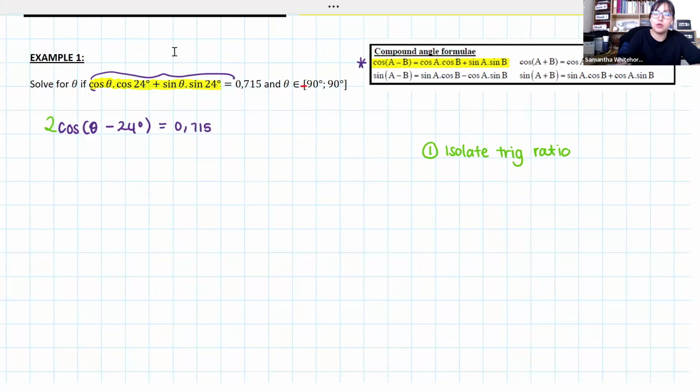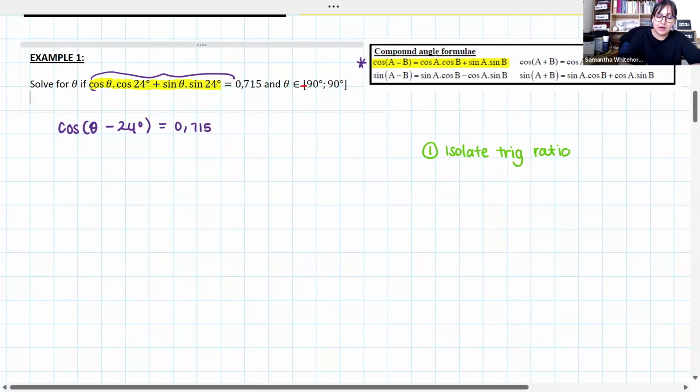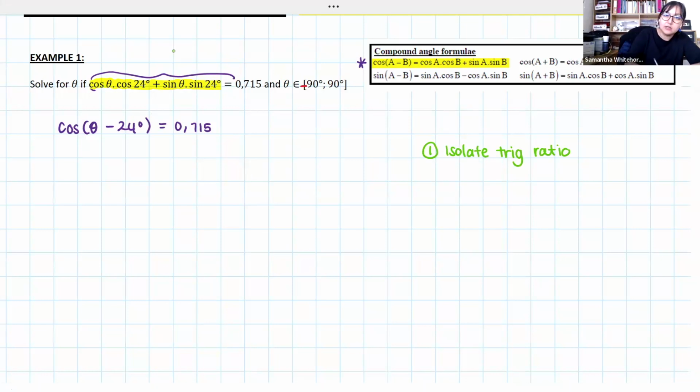So if there was a 2 there, I would need to divide the 2 away. I shouldn't be adding or subtracting anything, so it shouldn't be cos theta minus 24 plus 3. The only thing for me to have when I isolate my ratio is cos, tan, or sine, and the angle. The angle can have lots of things going on, but it must just be the cos and the angle. So this one's already isolated for me.